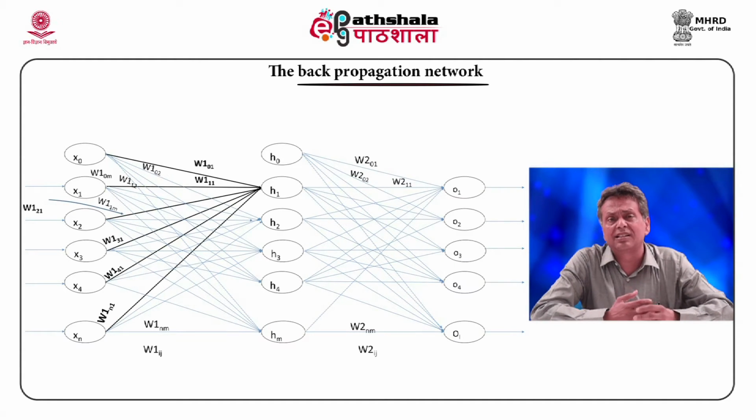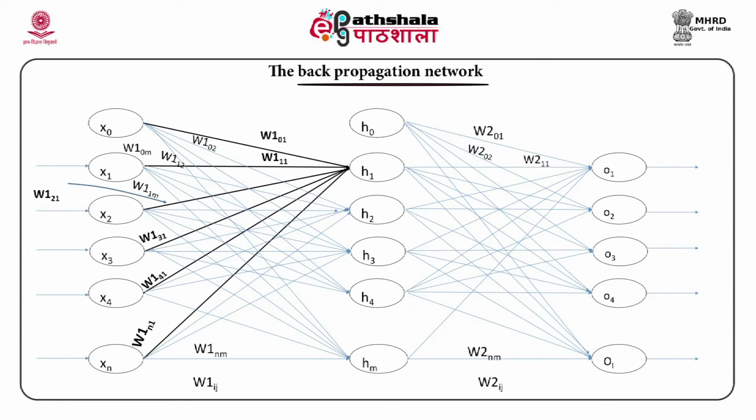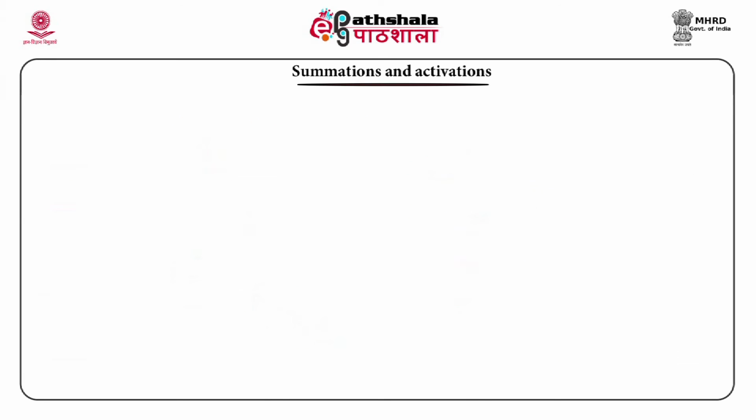Now, how is it summed up? Remember the calculation, the sigma that we have seen: x1 w1, x2 w2, x3 w3 and so on. And when you consider the threshold, you also have x0 w0, where x0 is basically 1. So, suppose I want to calculate the sum that is happening at h1, how it is calculated is shown in the next slide.